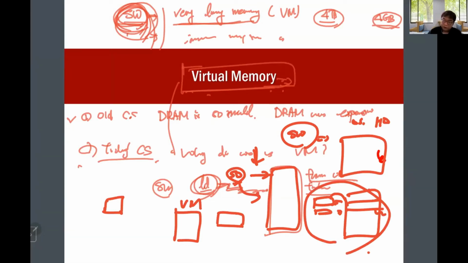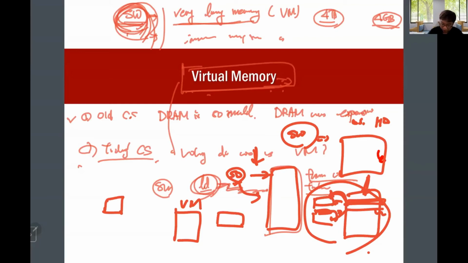But in the actual environment, in actual computer systems, many processes are sharing the physical main memory. So the storage space in the physical memory should be assigned to these many running processes.